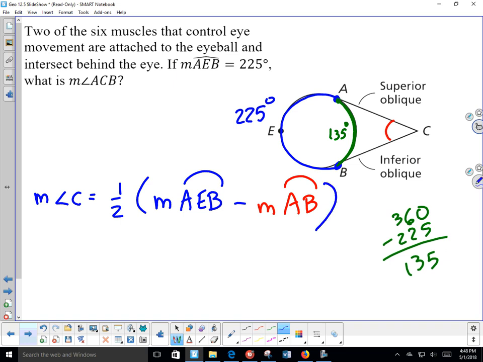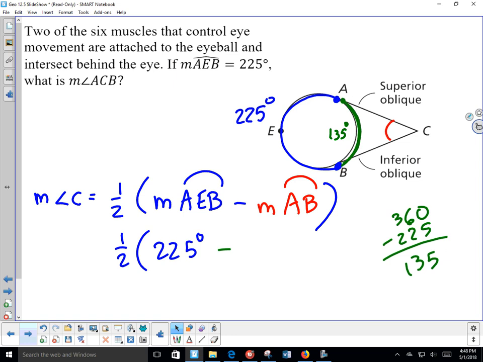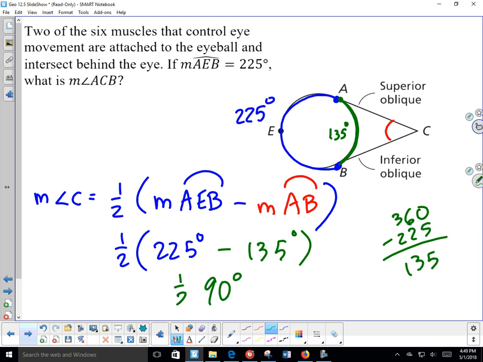All right, and so in this case, we want half of 225, that's this arc, minus the measure of arc AB, that's this arc here, so that's 135. And so when I subtract, I get 225 minus 135 leaves me with 90, and then I want half of 90, so the measure of angle C is going to turn out to be 45 degrees.